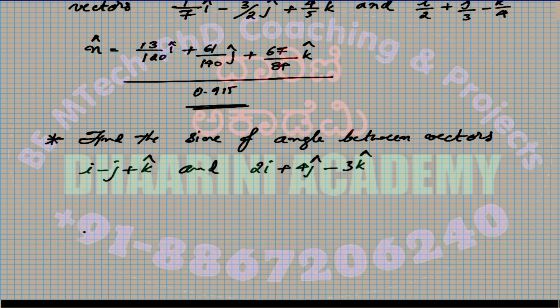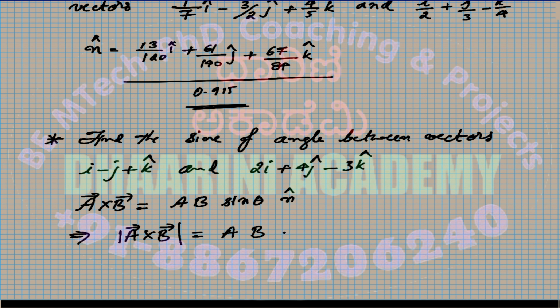We know that vector A cross vector B is the magnitude of vector A, magnitude of vector B, into sine theta, into n cap. The n cap is a unit vector, so I am left with only the magnitude. This implies the magnitude of vector A cross vector B equals the magnitude of A into the magnitude of B into sine theta.